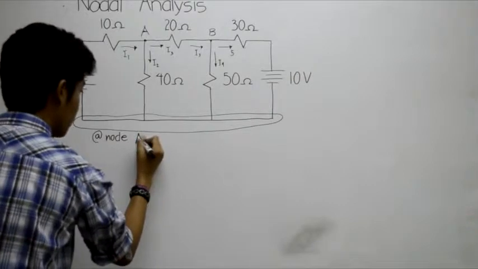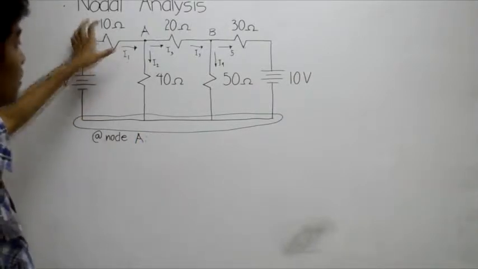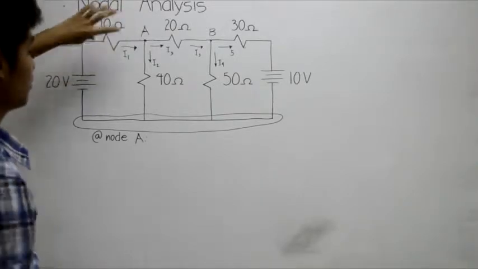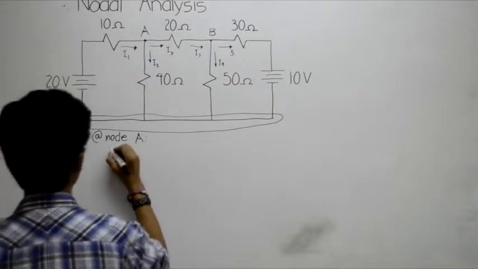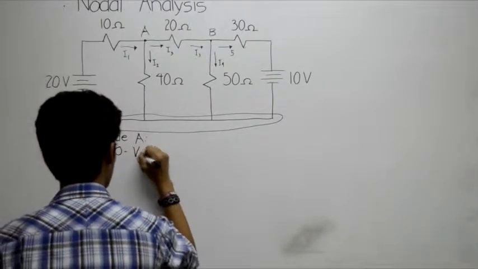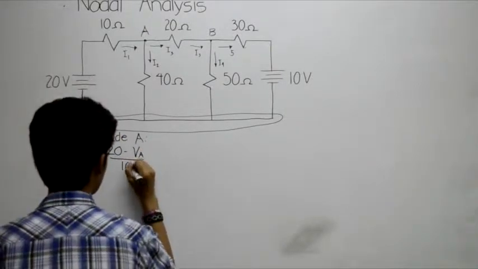At node A, the current I1 will be the voltage across this resistor over the given resistance. So that will be 20, or our EMF, minus the voltage on node A all over our resistor, which is 10.